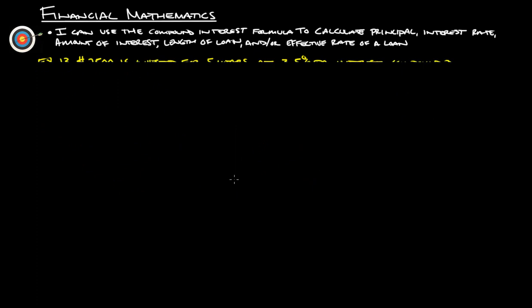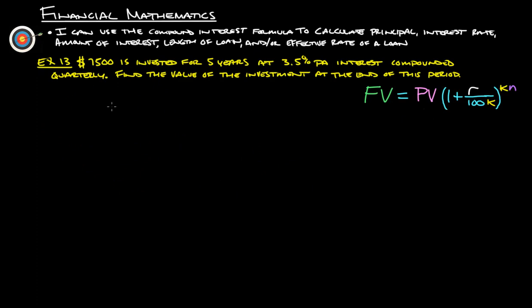All right. Example 13: $7,500 is invested for 5 years at 3.5% per annum interest compounded quarterly. So that's going to change. That's where the k comes into play. Find the value of the investment at the end of this period.